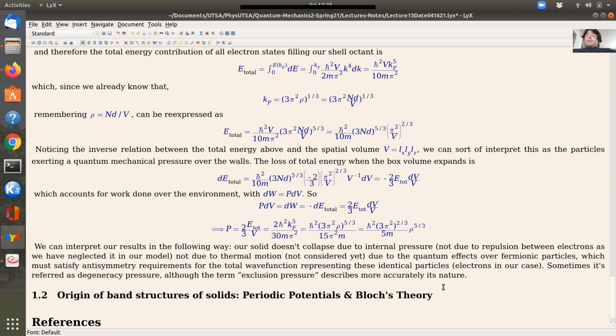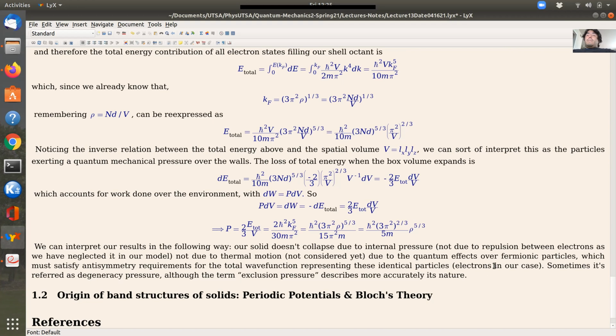There is a name for this, which is sometimes called degeneracy pressure, but perhaps a more proper term would be to call it exclusion pressure, as Griffiths mentioned, because it's more accurate as to where the pressure is coming from. But basically the summary of this part is that by applying the Pauli exclusion principle, by antisymmetry requirements, we have found a pressure that makes the solid not collapse.